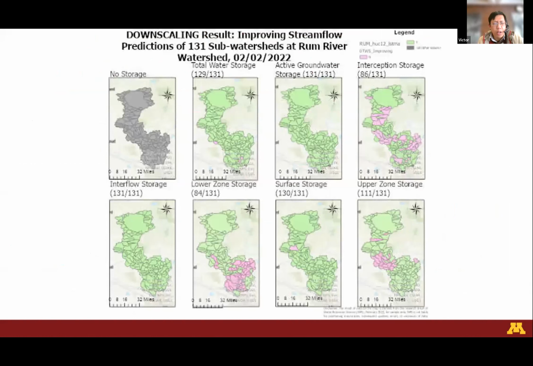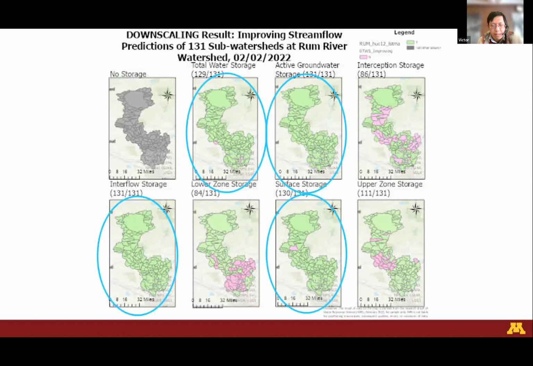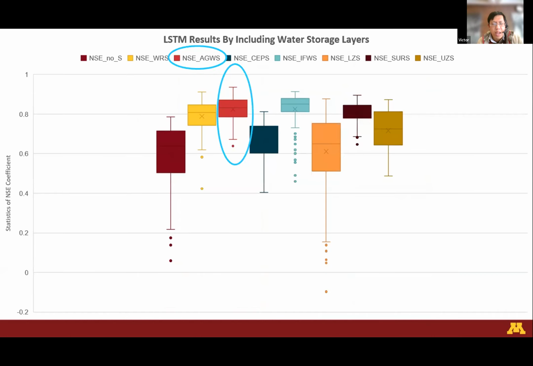And for the local watersheds, the result shows that by including the downscaled result of the total water storage, the stream flow prediction will be improved, shown in the green area. And with the active groundwater storage, interflow storage, and surface storage, you get the best improvement for predicting the local stream flow.